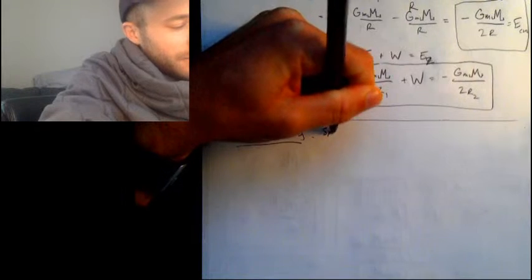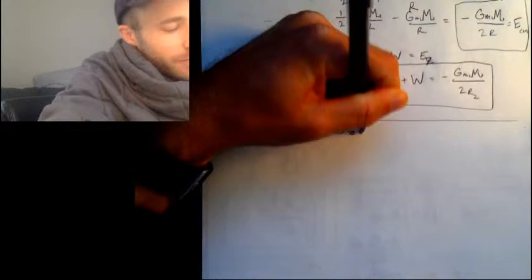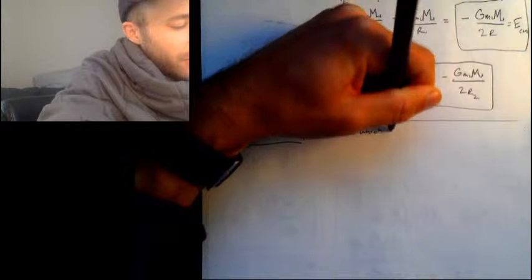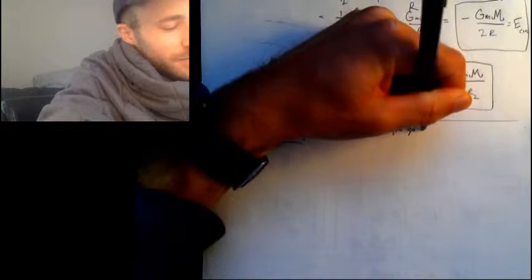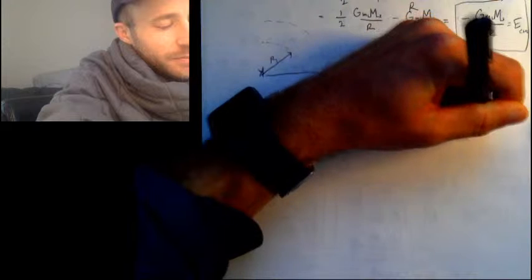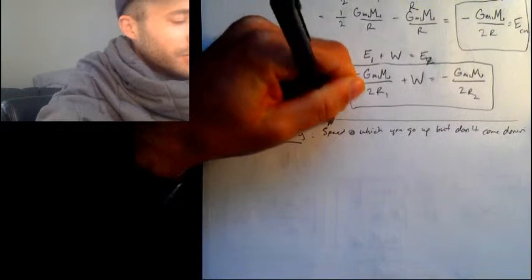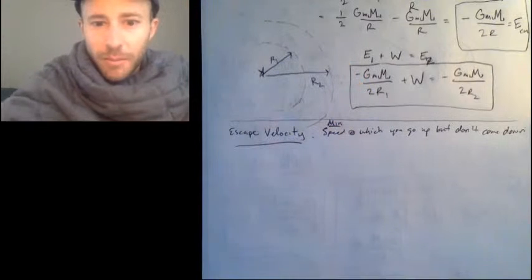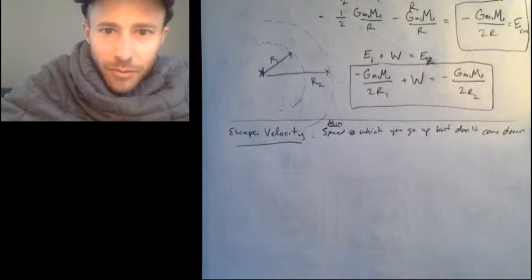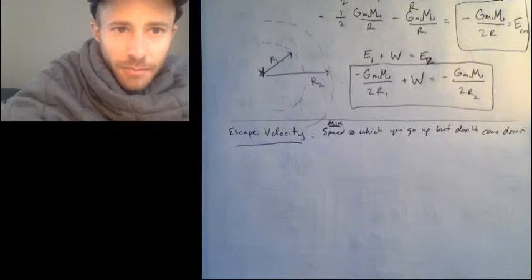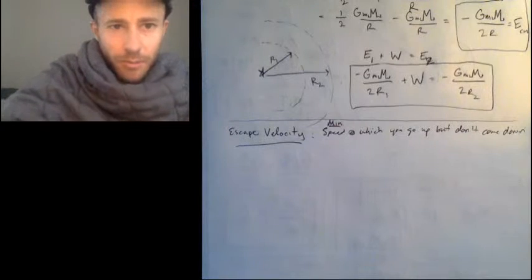So the speed at which you go up but don't come back down. I should say it's the minimum speed for which that can happen. The minimum speed for which you go up and you don't come back down, neglecting the influence of the atmosphere.